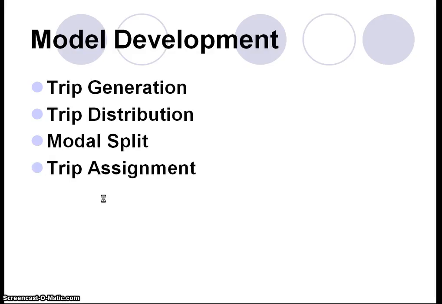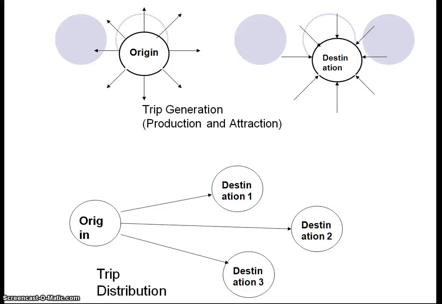And in terms of model development, it usually involves a four-step transport model: trip generation, trip distribution, modal split, and trip assignment. We'll discuss this in detail later on.